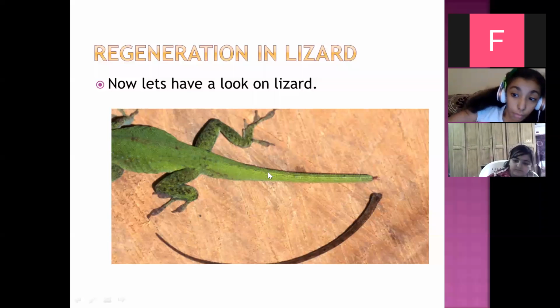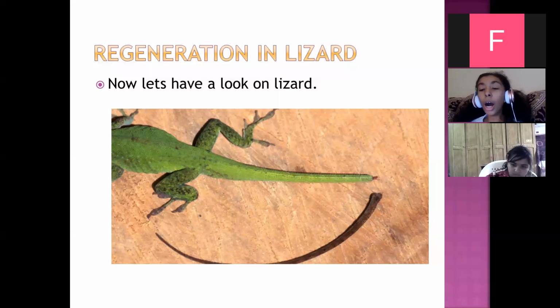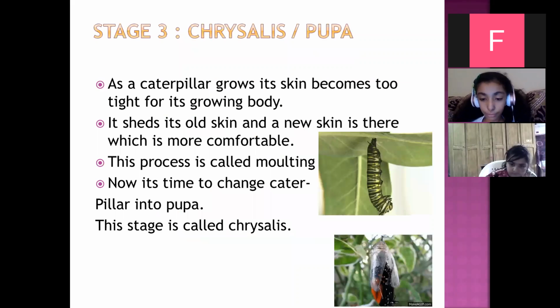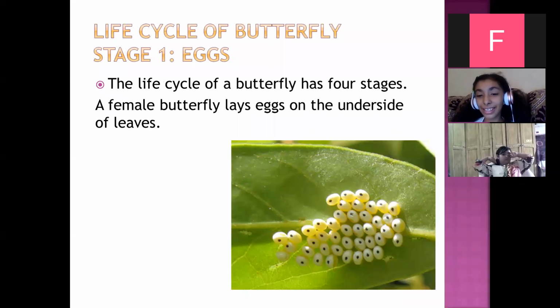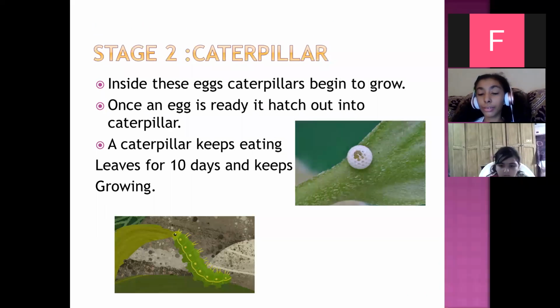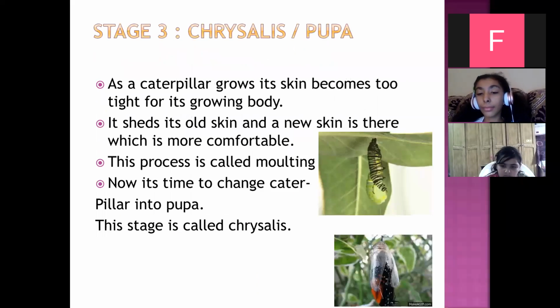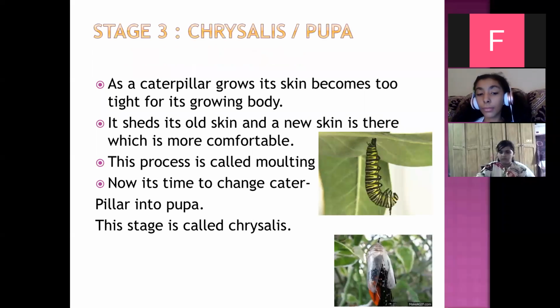Okay, students, so that was our topic for today from page number 15, growth in animals. I again repeat what we have learned today: we have learned about the life cycle of a butterfly. Stage number 1, egg. Stage number 2, caterpillar. Stage number 3, chrysalis or pupa.